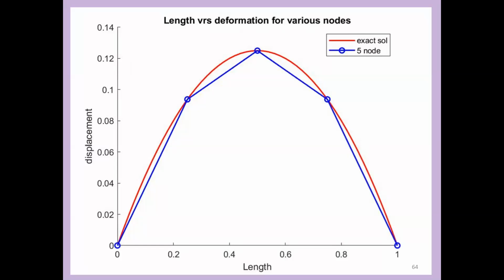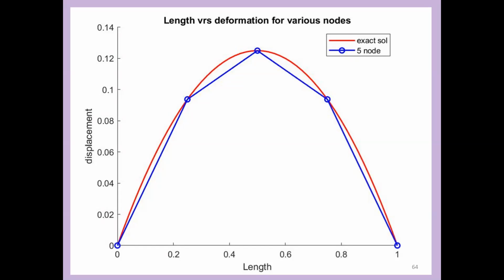Now this is the solution when we discretize the domain in 5 nodes. The exact solution and the approximate solution, that is the solution we get through FDM, are the same at the nodal locations. But apart from the nodal locations, obviously, as you can see, the solution given by FDM and the exact solution have some error.